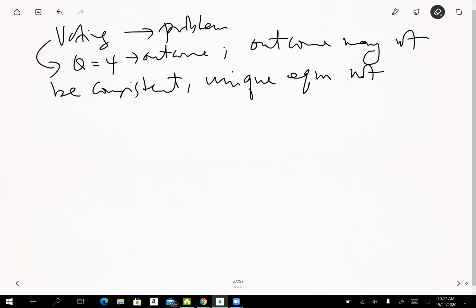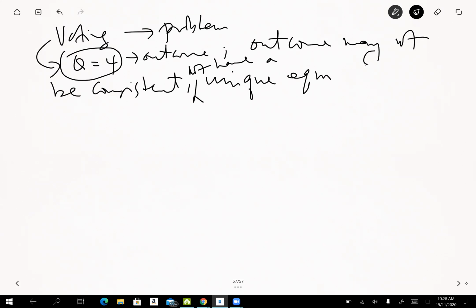We may not have a unique equilibrium. In other words, you may not have Q equal to 4. You may have another equilibrium. Why?